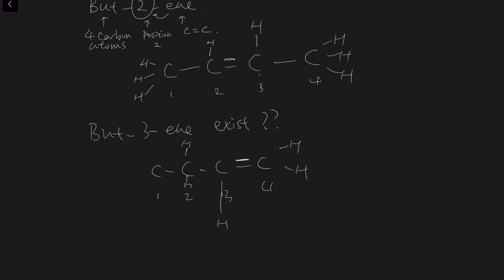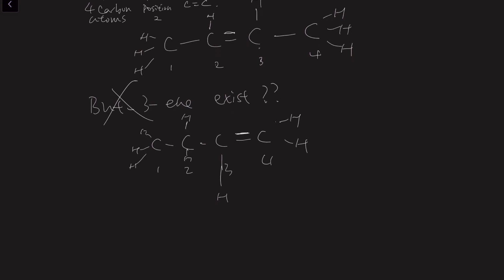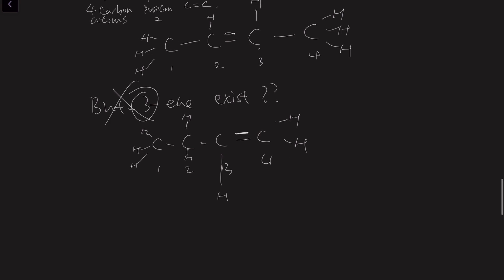So although you can still draw but-3-ene, this naming is incorrect, because we should always remember we need to keep this number as low as possible. So instead of going from left to right, we should name from right to left. So this is number 1 carbon, number 2, number 3, number 4. So this should actually be called but-1-ene, because we want to make the name as small as possible.